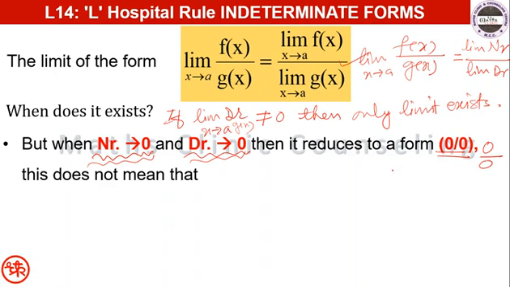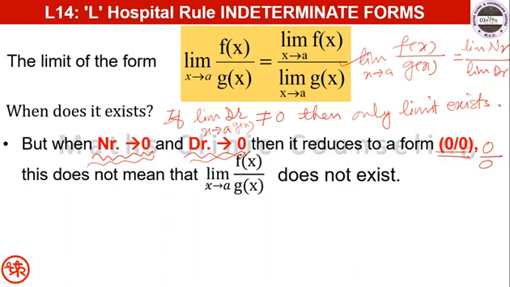Does it mean that the limit of f of x by g of x does not exist? No, it does not mean that. There is another way to solve it, and that we discuss in today's lecture.